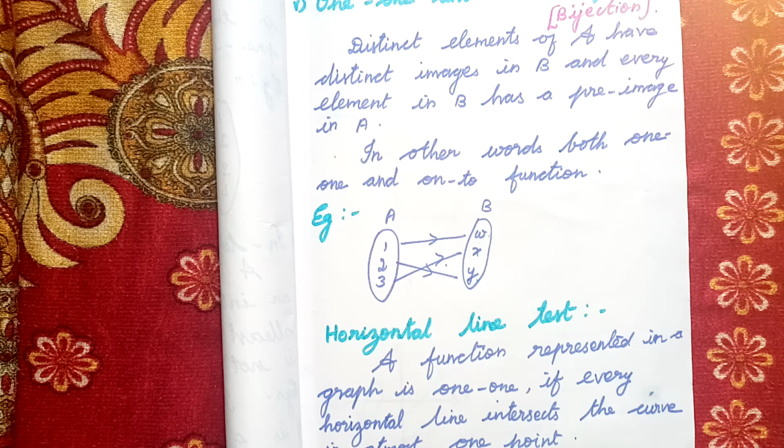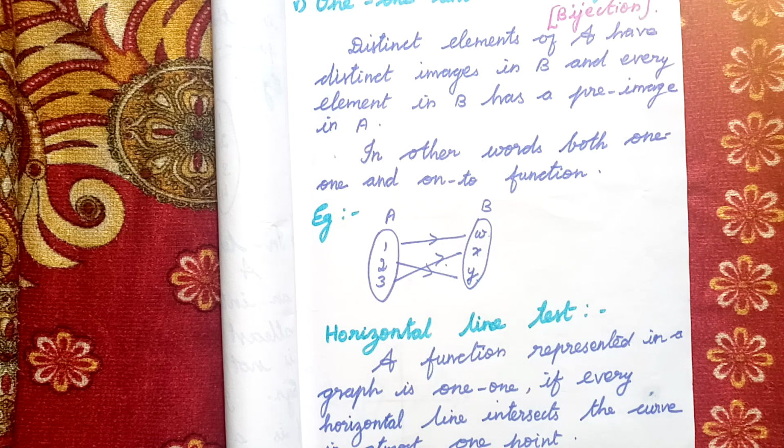Distinct elements of A have distinct images in B. Another name is injection. Next, what is an onto function? Every element in B has a preimage means it is an onto function.